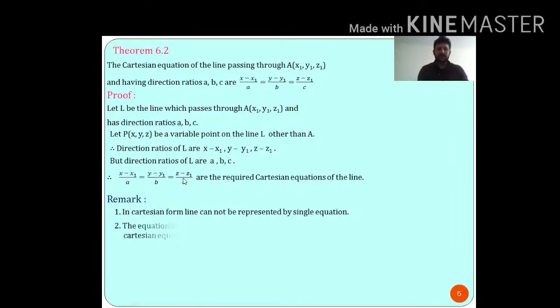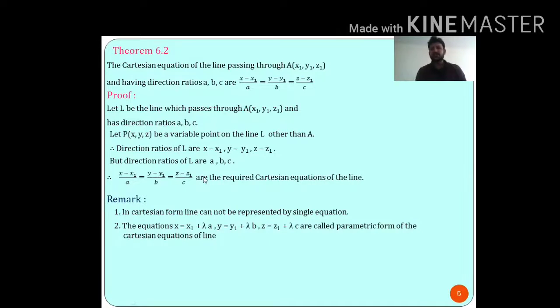Next, the equation x is equal to x1 plus lambda times a is obtained by taking all these ratios equal to a constant lambda. From these relations, equating the first, we get (x minus x1) upon a is lambda.